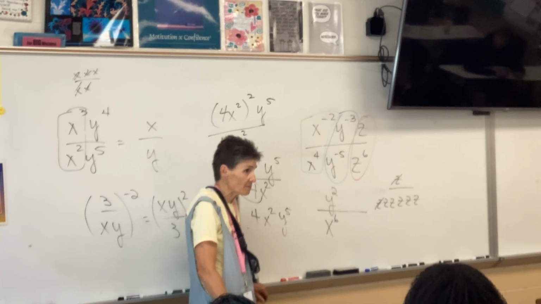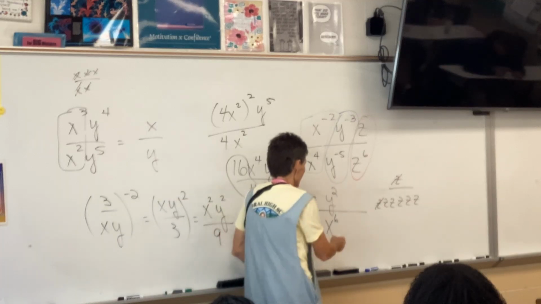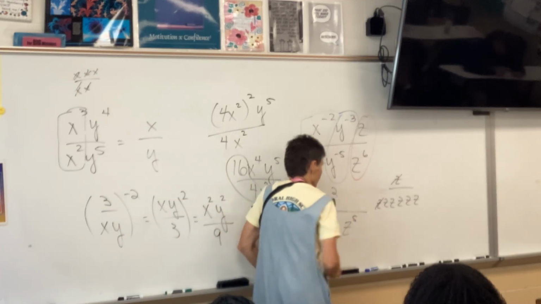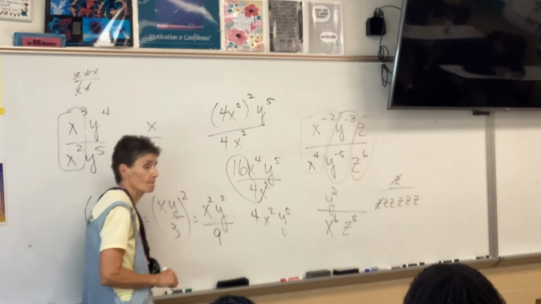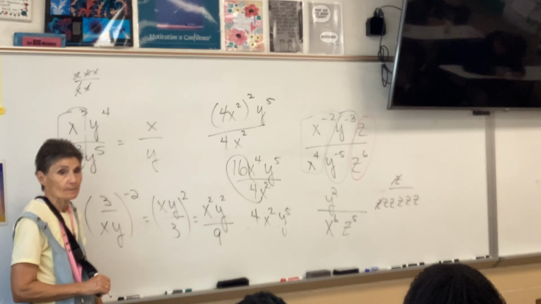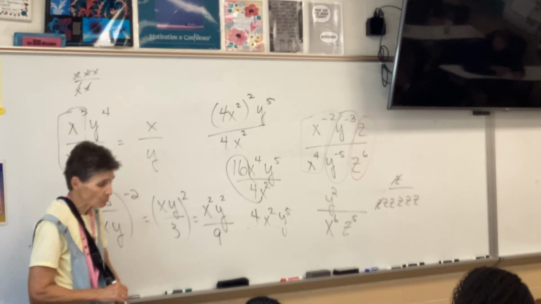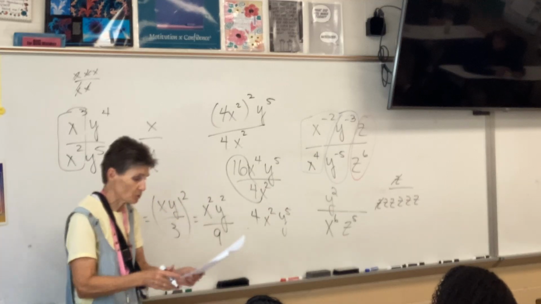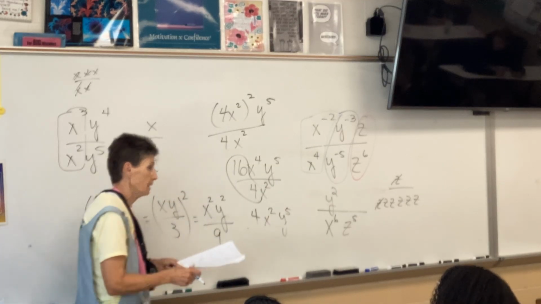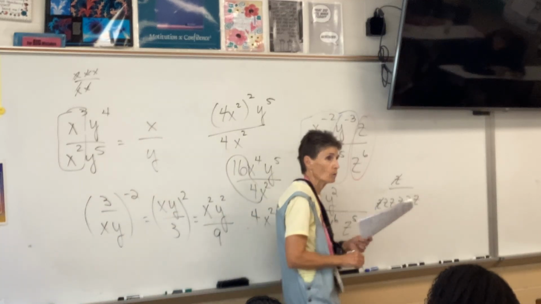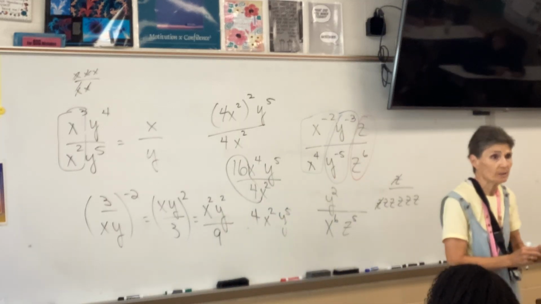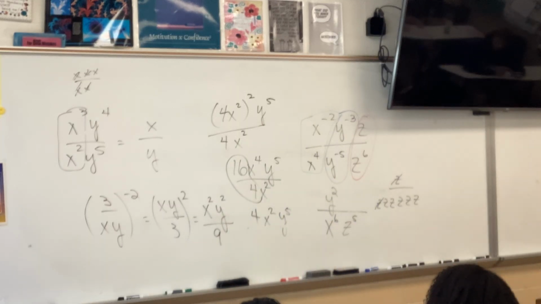Z to the fifth, 5 z's on the line. Exponents are tricky. We're just reviewing, I know you did it last year, but we're just reviewing now. We're gonna practice some more. Pay attention to where you are, top or bottom.